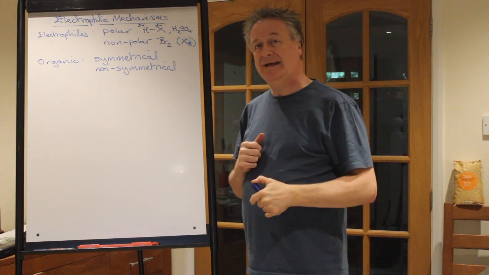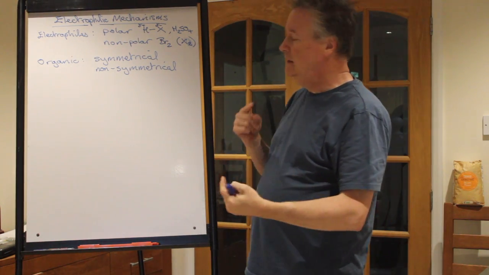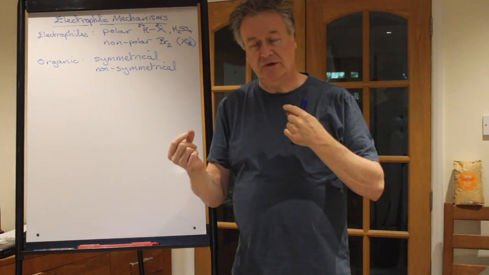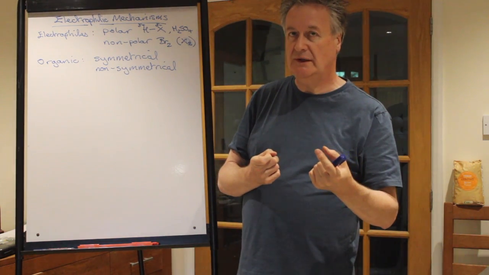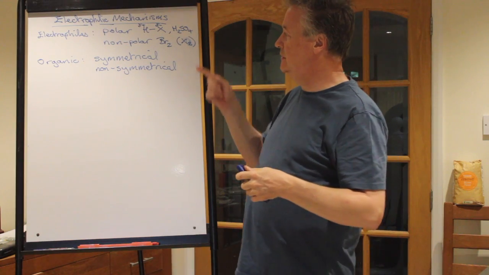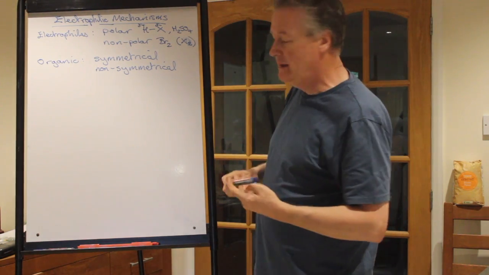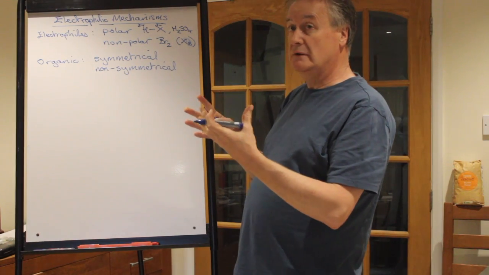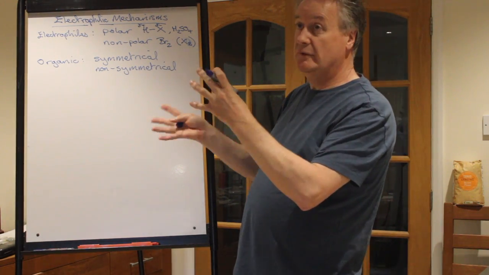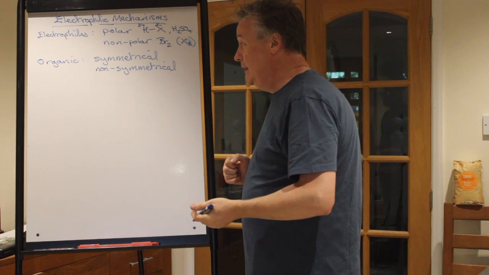When you talk about the organic, meaning the alkene, you have to consider the consequences of symmetrical and non-symmetrical alkenes. So we'll start with symmetrical. Now symmetrical merely means that the molecule has the same number of carbons on both sides of the double bond.